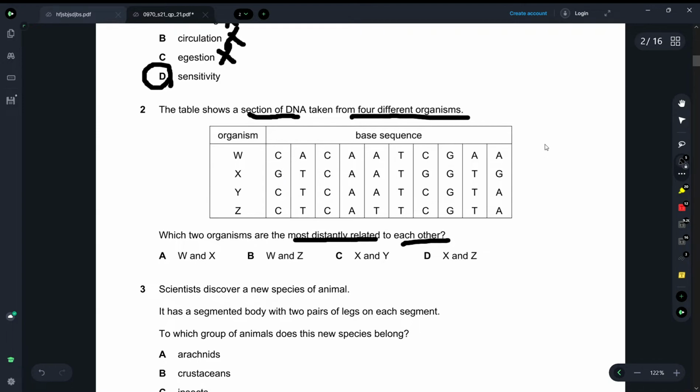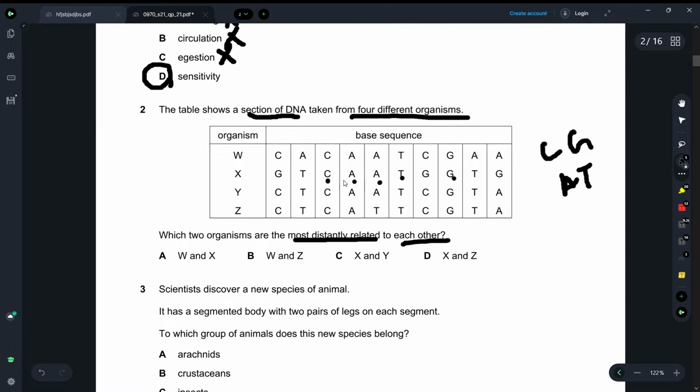You must know that it is CG and AT. So if you look at this, we have CG, that's correct. AT, that's correct. CC, that's not correct though. Then AA, TT, GG, CG, and then GG, AT. So we can see this one is similar, this one is similar, this one is similar, this one is similar, and this one is similar.